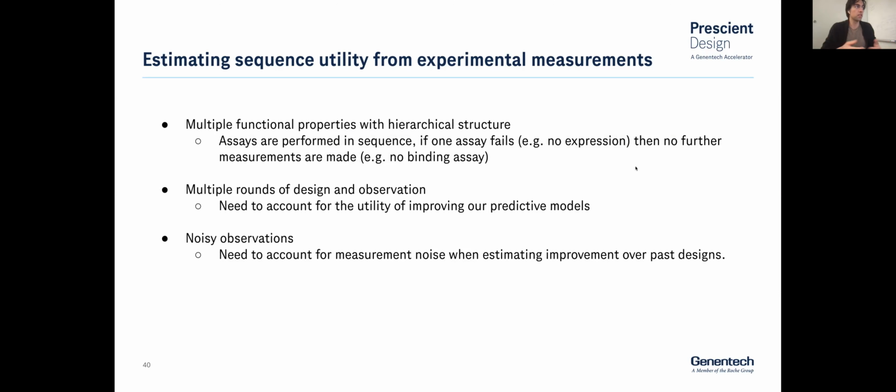And then there are various other properties like aggregation, oxidation potential, and other things that affect things like shelf life. And one of the characteristics of this particular problem is that the assays that we use to measure these properties are sequential.